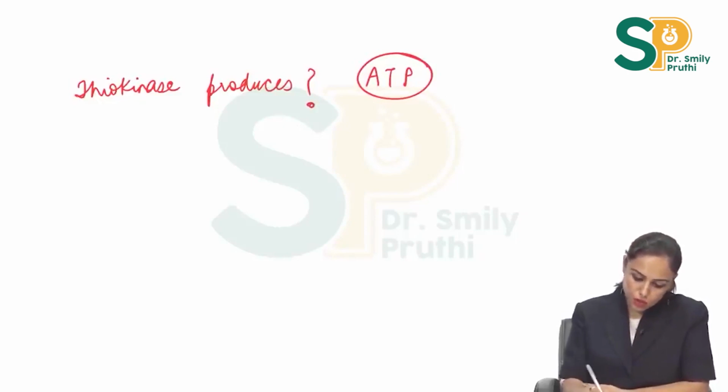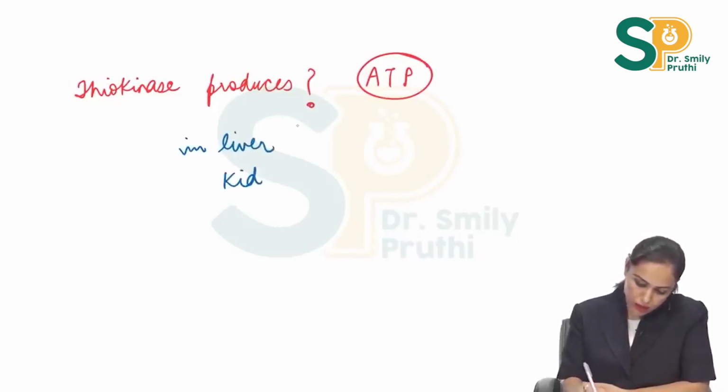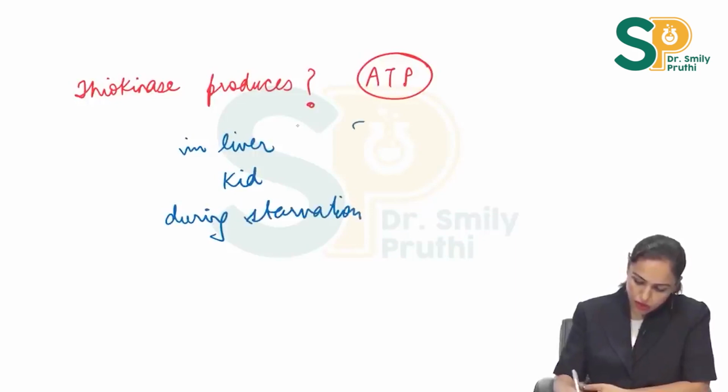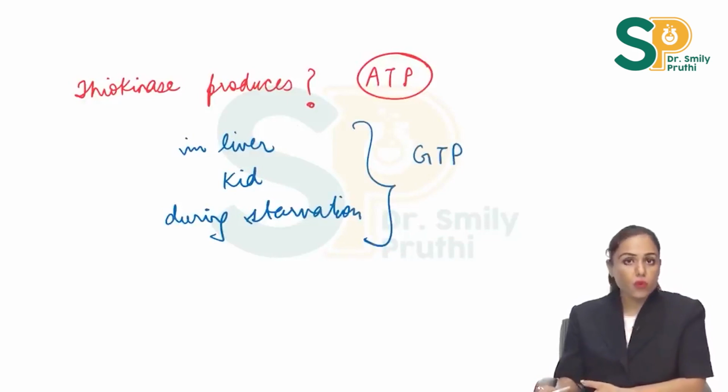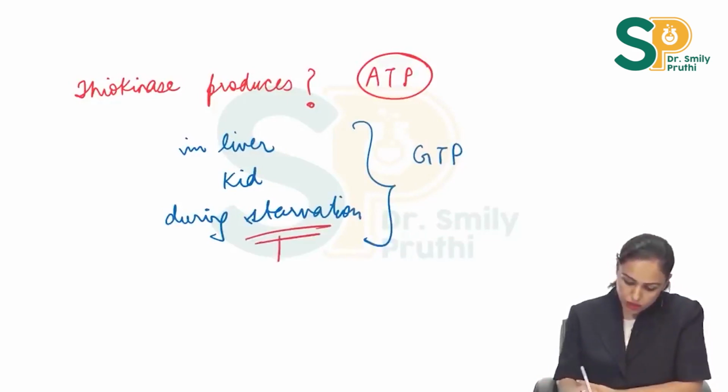But if they ask you about thiokinase in liver, in kidney, and during starvation, if these three conditions they ask you, in liver, in kidney, during starvation, it produces what? Then you will say GTP. Understand why? Because during starvation, gluconeogenesis occurs.